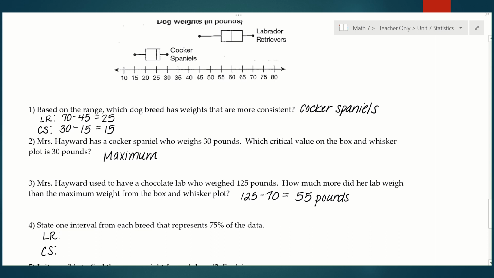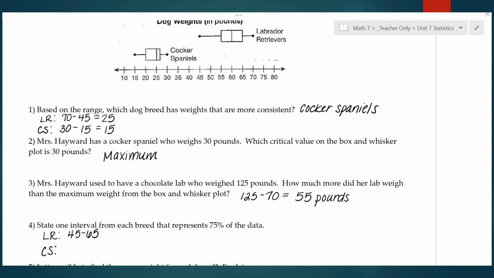One I could say is from 45 to 65, because that encompasses 3 sections of that box and whisker plot. I could have also said from 55 to 70, because that also includes 3 sections, so either one is perfectly fine.